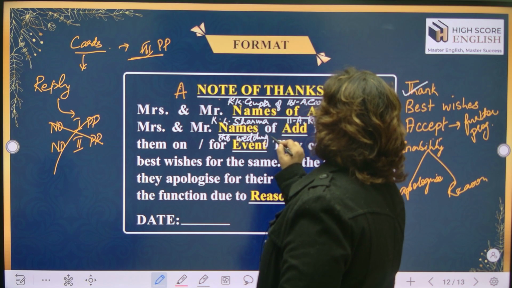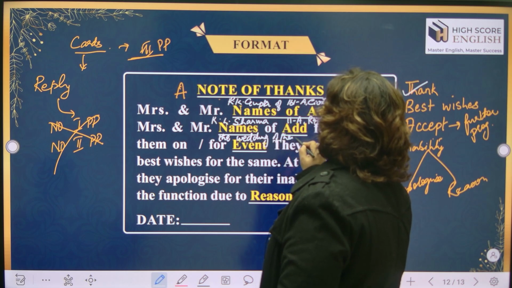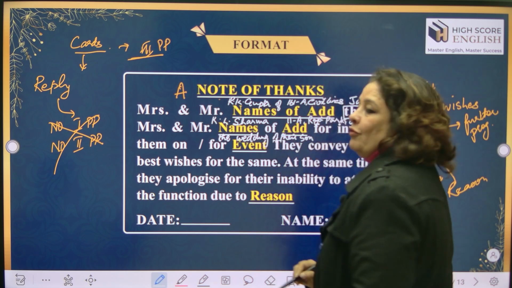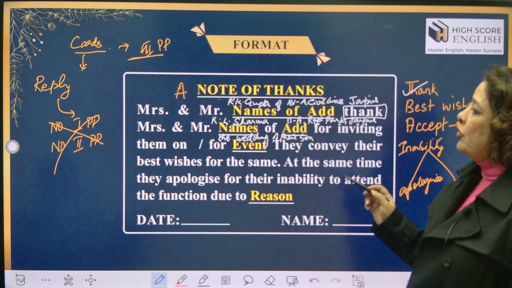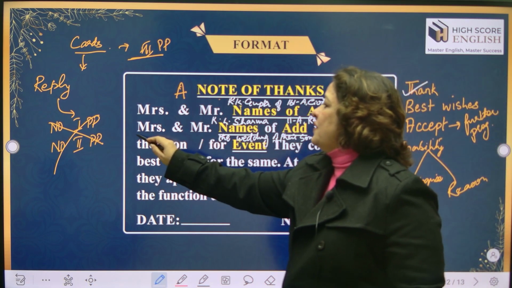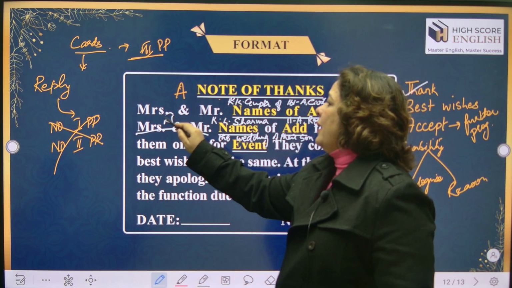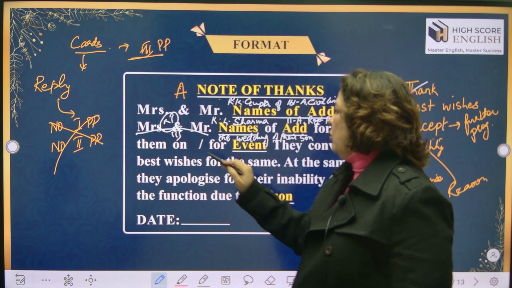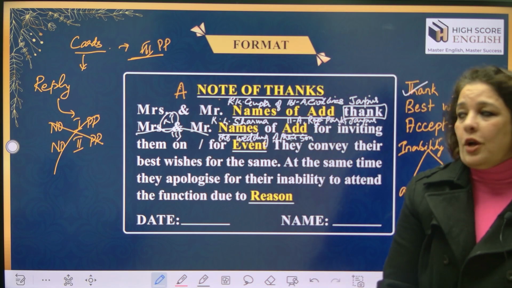Now, they have not written that your son, they have written their son. Why? Because here Mrs. and Mr. is a noun and the noun serves as a third person pronoun.